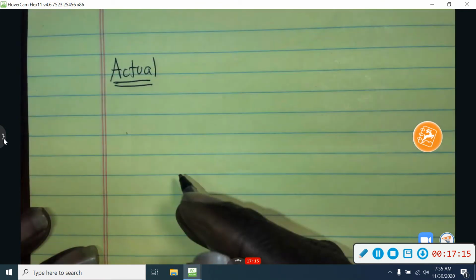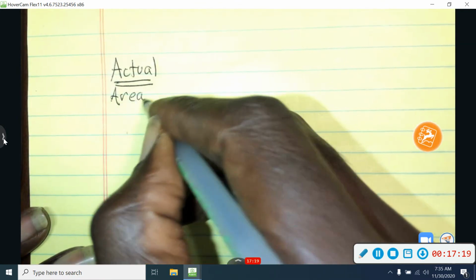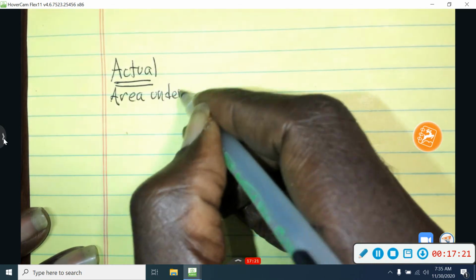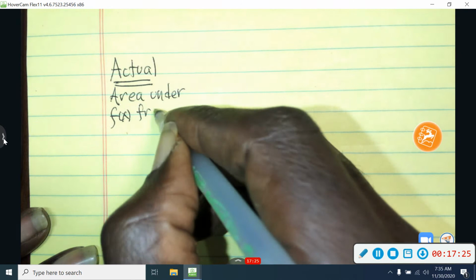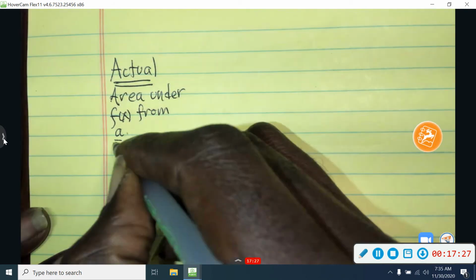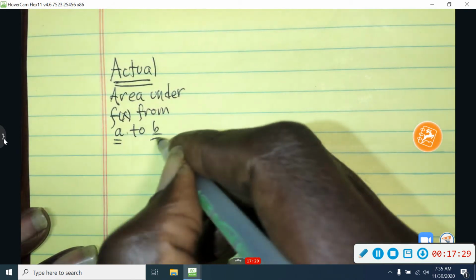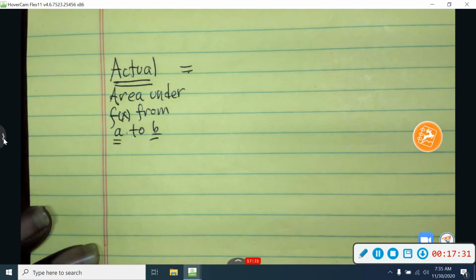So be careful, that's different than what I just wrote there. The actual area under f from a to b would be a limit of you doing that.